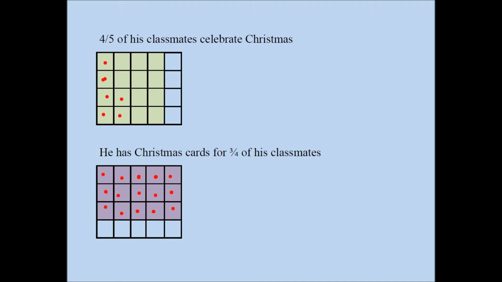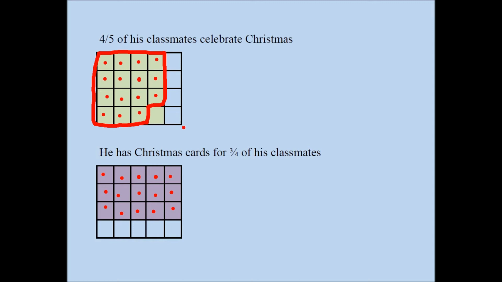Now these kids will get the cards that Jason made. He still needs a few more cards for these kids who celebrate Christmas. He's going to buy them. And for these kids who don't celebrate Christmas, he will buy holiday cards.